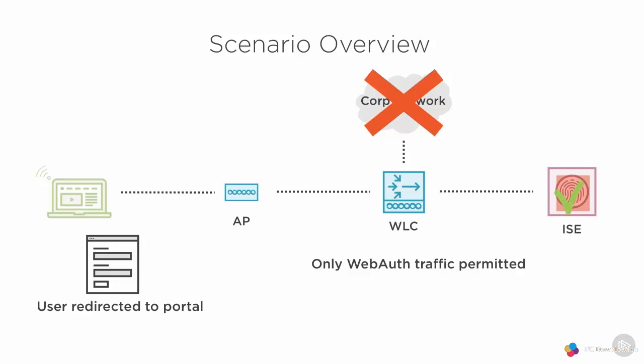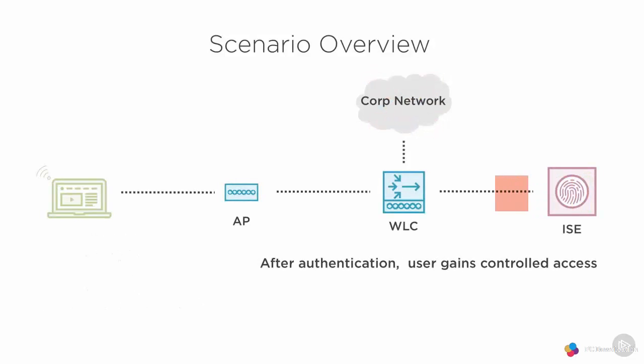Now, after a user authenticates, then they're going to gain controlled access to the corporate network. And again, in this scenario, the wireless controller is what's providing that access to the corporate network by means of an access list. We'll configure this access list in our ISE GUI interface.